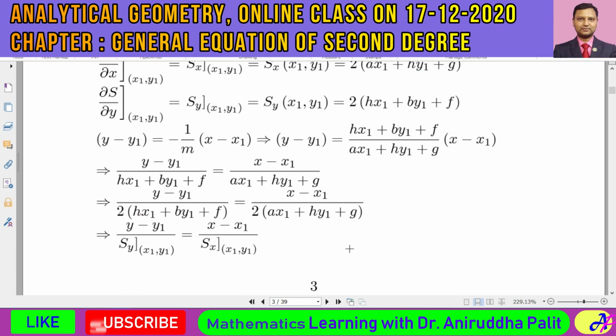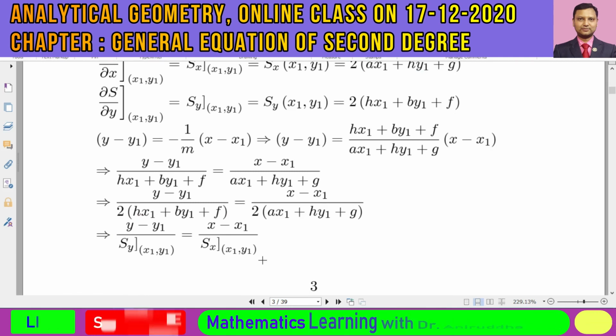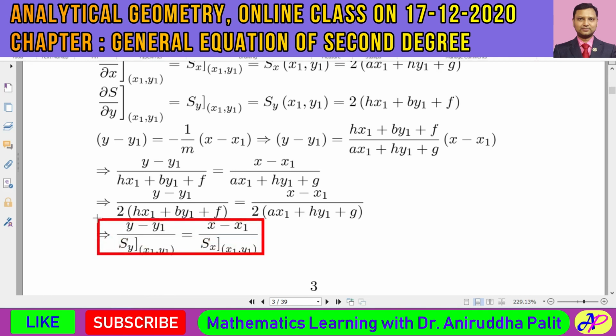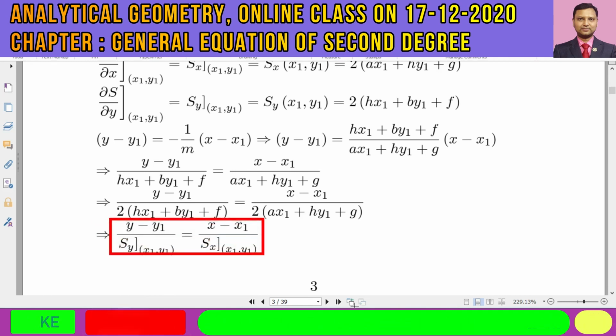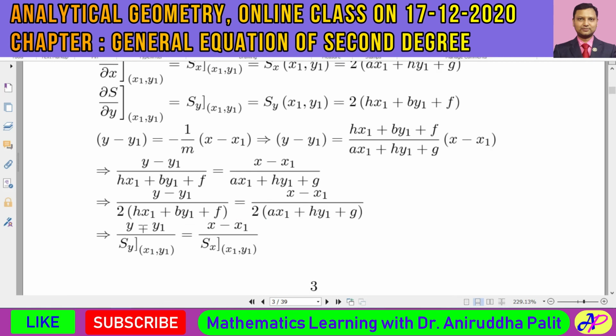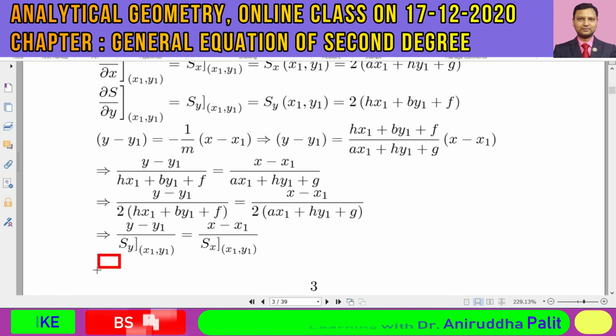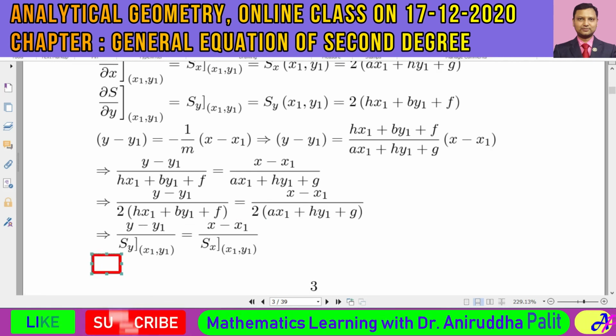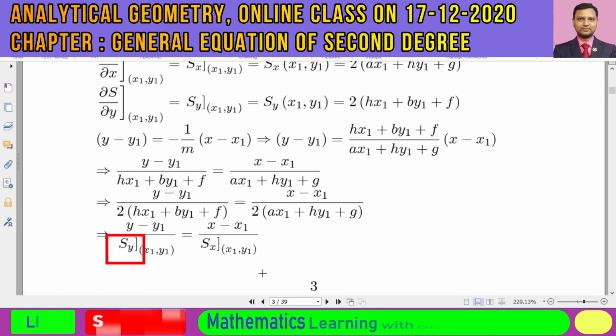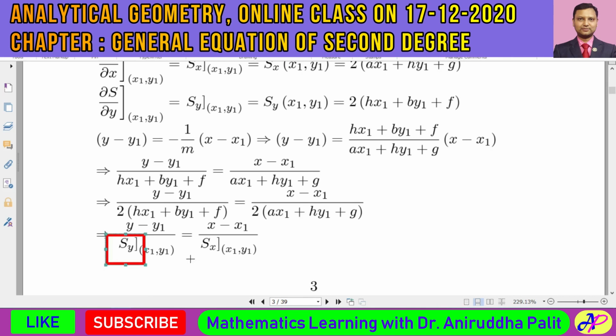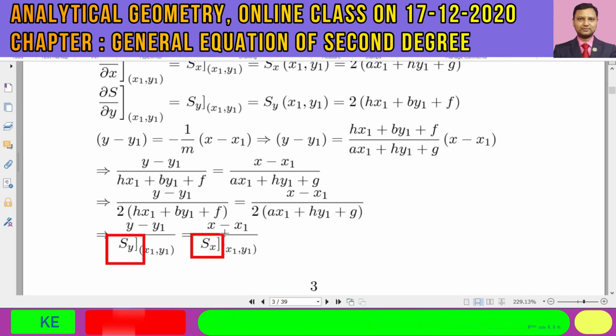Whatever complicated expression you have, please remember the equation of normal as: y minus y1 divided by the partial derivative of S with respect to y, similarly x minus x1 divided by the partial derivative with respect to x.